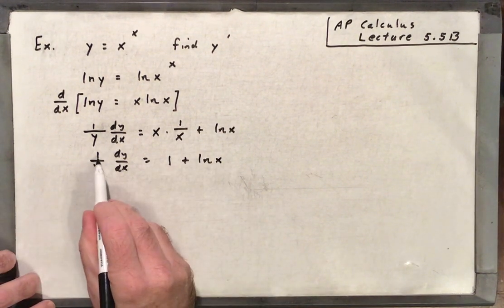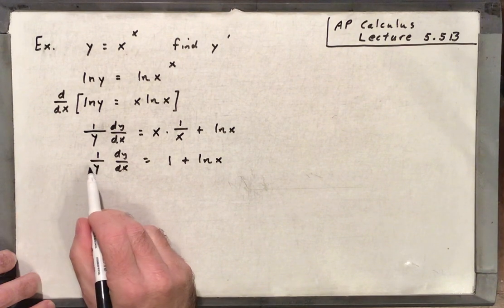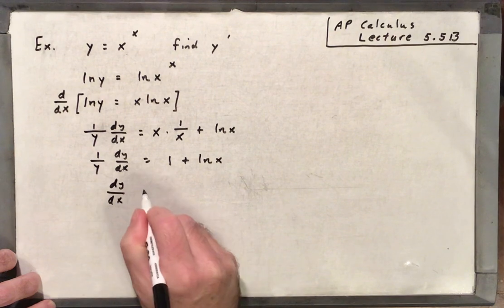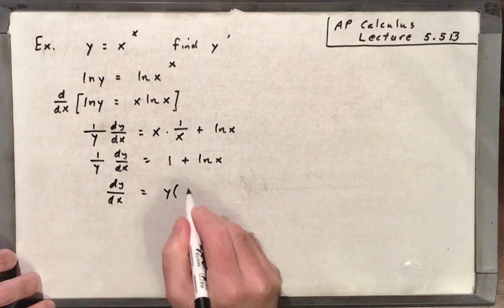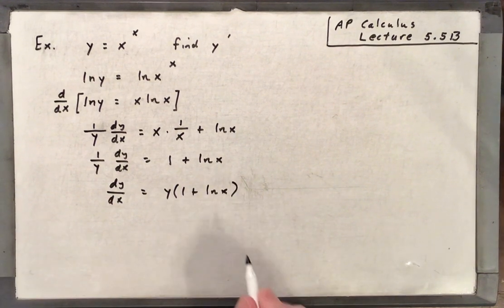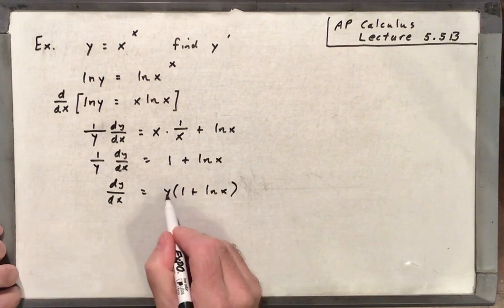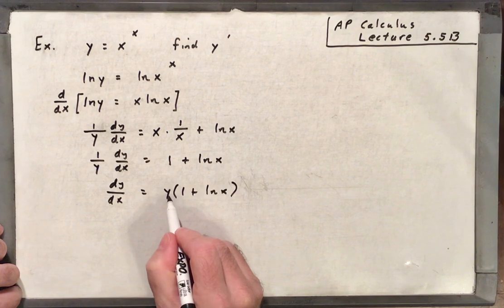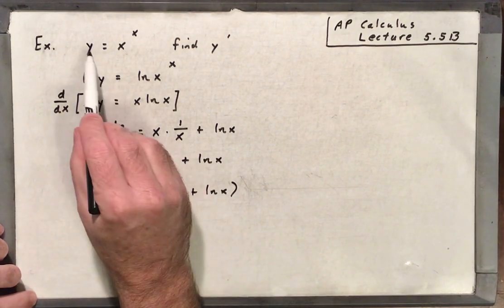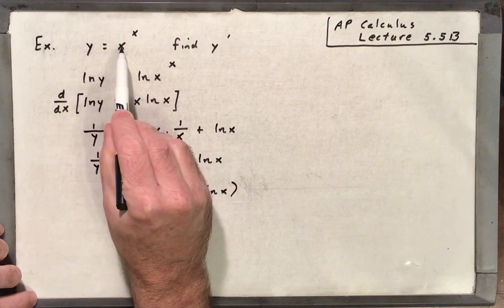Now let's get rid of this y on the left side, multiply both sides by y. We'd have dy dx is equal to y times 1 plus the natural log of x. Now the people in charge of math do not like you to leave a y in this answer. We know, looking back at the original equation, that y is equal to x to the x.